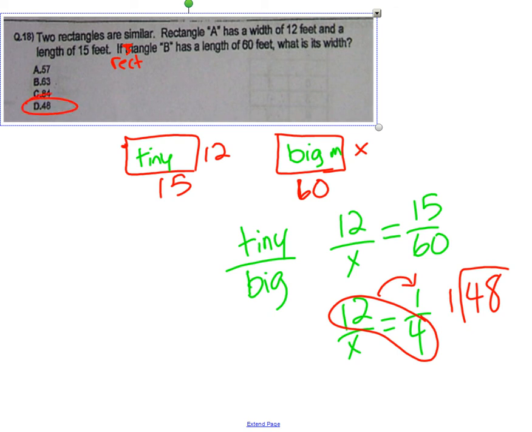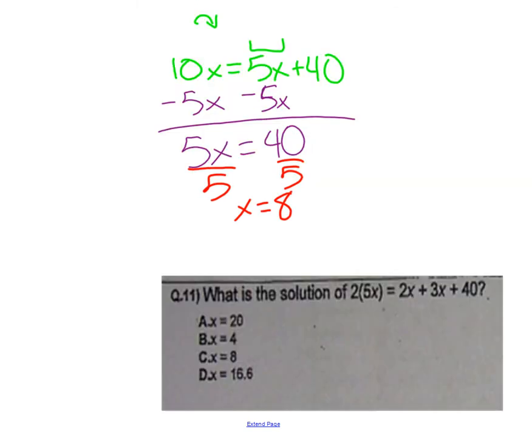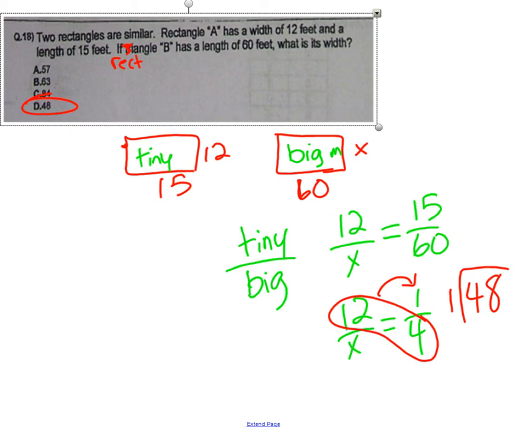What's another way we could have solved this? Without the proportion. We could use scale factor. If we have 15 and 60, can we figure out at what factor they're being changed by? By 4. So we can say this scale factor is 4, which means I can take 12 times 4 and get 48.